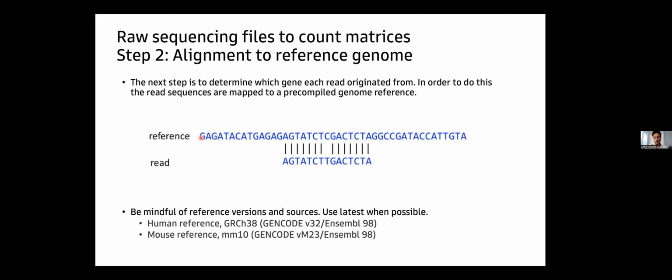So all genes, all sequences in a human chromosome have been collated and provided to us as this GRCh38 human reference. And so if we do a single cell RNA-seq of human cells, we will try to map those reads back to this reference in order to know which gene that read came from. And this is called alignment.